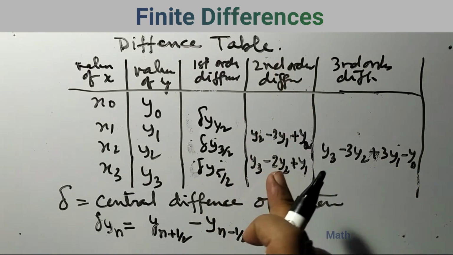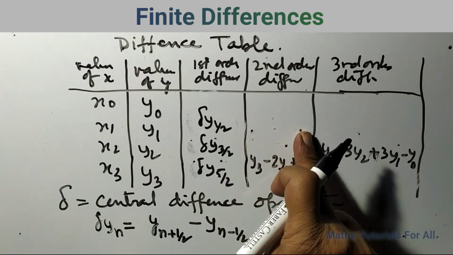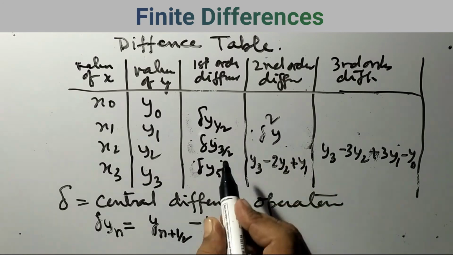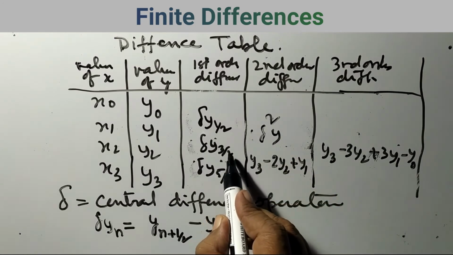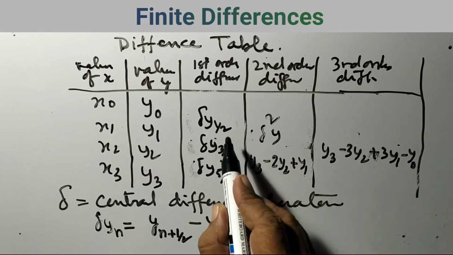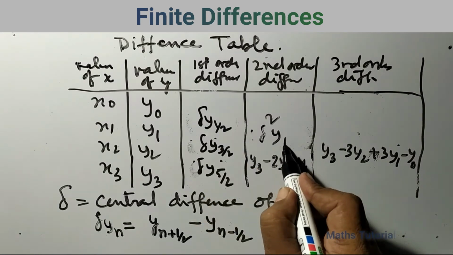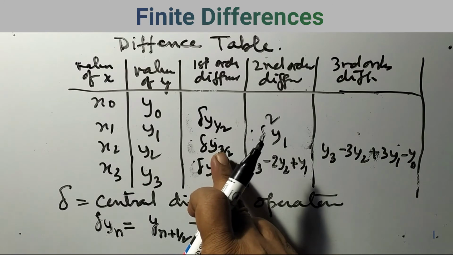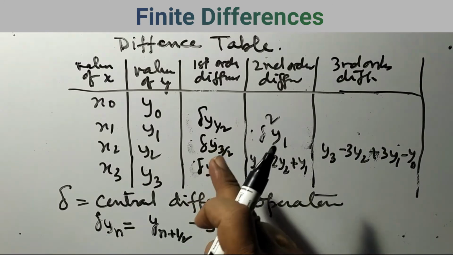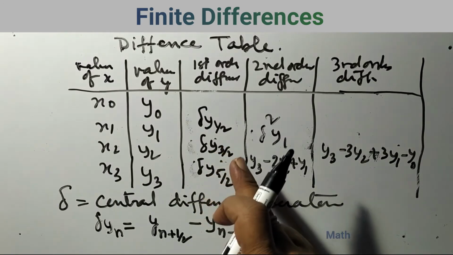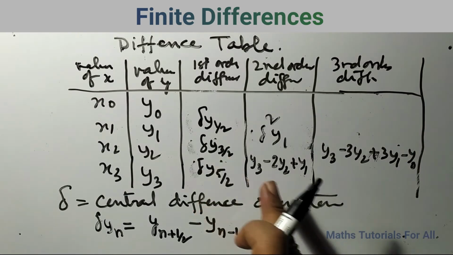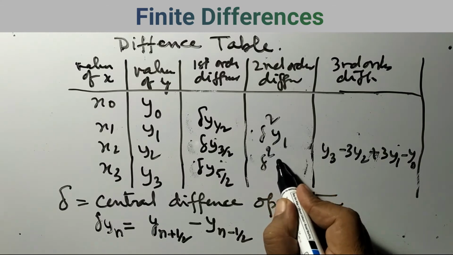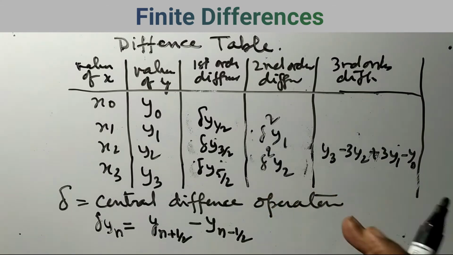Here, second order differences, that means this is equal to delta square y. Center of 3 by 2 and half, that means 1.5 and 0.5, is 1. 5 by 2 and 3 by 2, that means 2.5 and 1.5, center is average, that means (2.5 plus 1.5) by 2 is 2. So here we write delta square y 2.